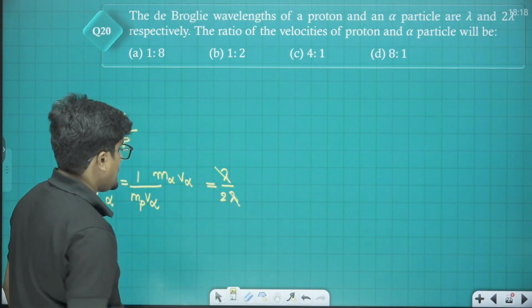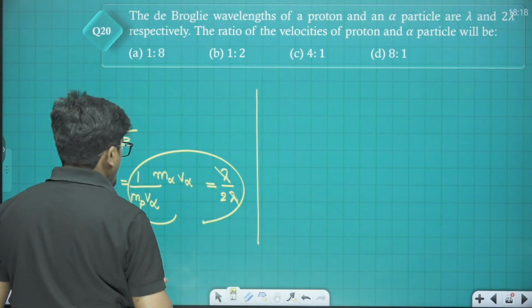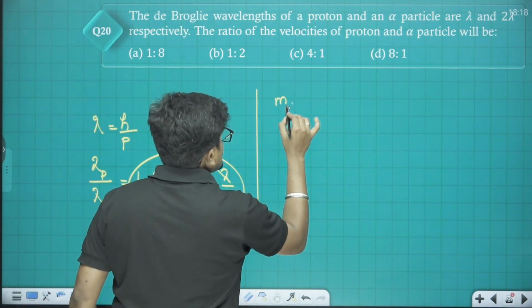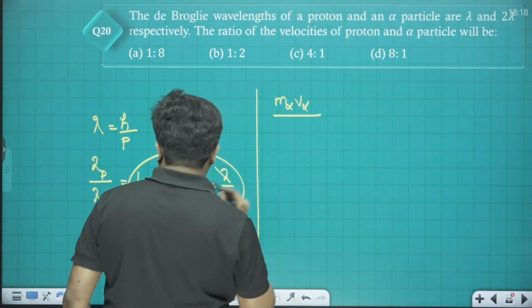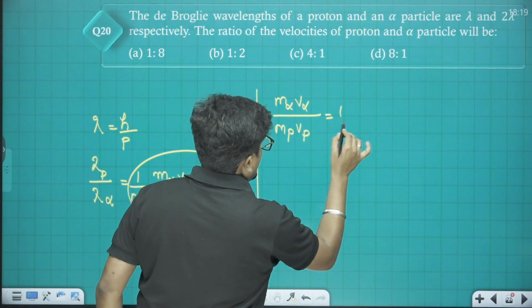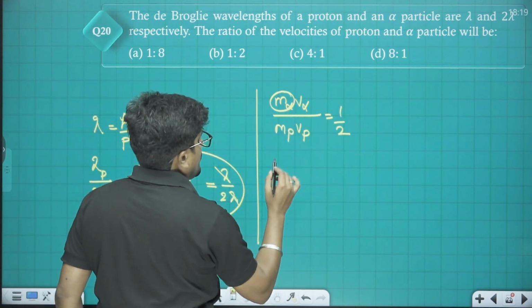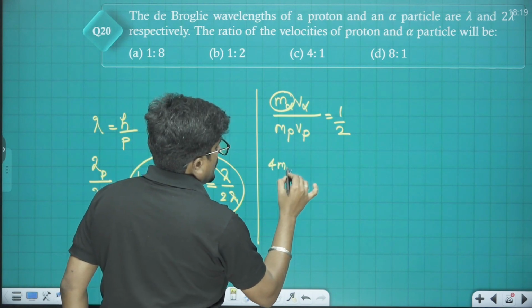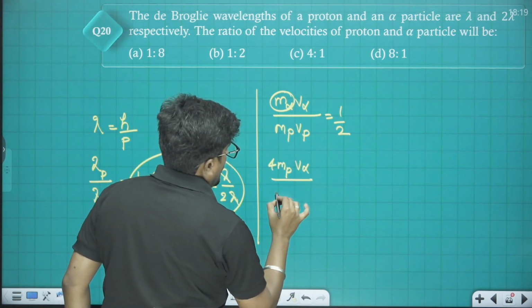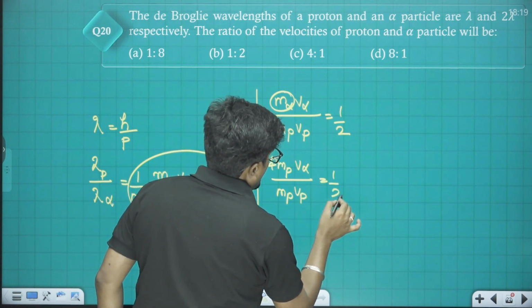So this one and this one will cancel each other, and we need to focus on this part only. I can write mass of alpha particle into velocity of alpha particle, all divided by mass of proton into velocity of proton, that is 1 by 2. Let me rearrange this. Mass of alpha particle is 4 times mass of proton, into velocity of alpha particle, all divided by mass of proton into velocity of proton, that is going to be 1 by 2.